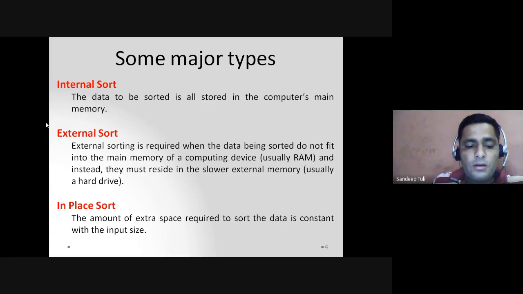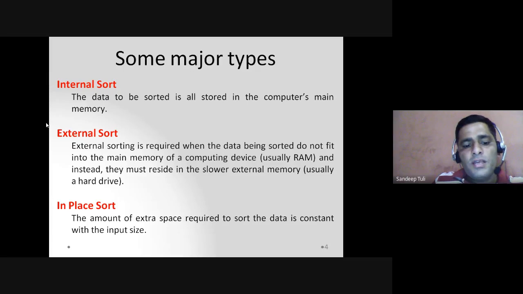Next is the in place sort algorithm. The amount of extra space required to sort the data is constant with the input size, and that is called an in place sorting algorithm. It means, suppose n numbers are given to me to sort, and I require only one extra element position or size in order to sort.